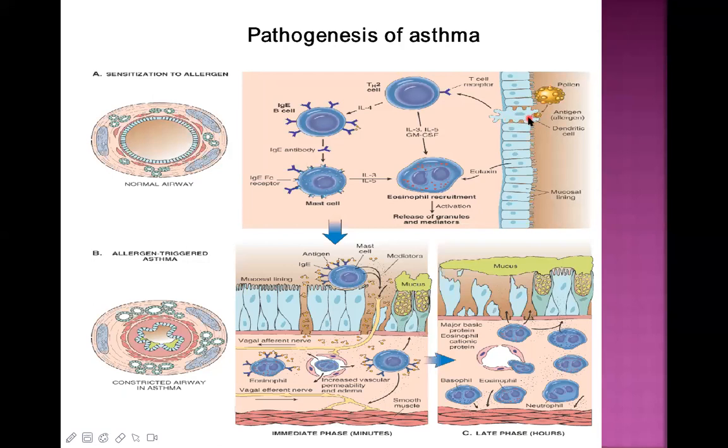Now the function of this antigen presenting cell is, after picking up the antigen, to process it. That means the bigger antigen will be degraded into a smaller one, and then with the help of the MHC type 2 molecule, this antigen will be presented to the T cell.